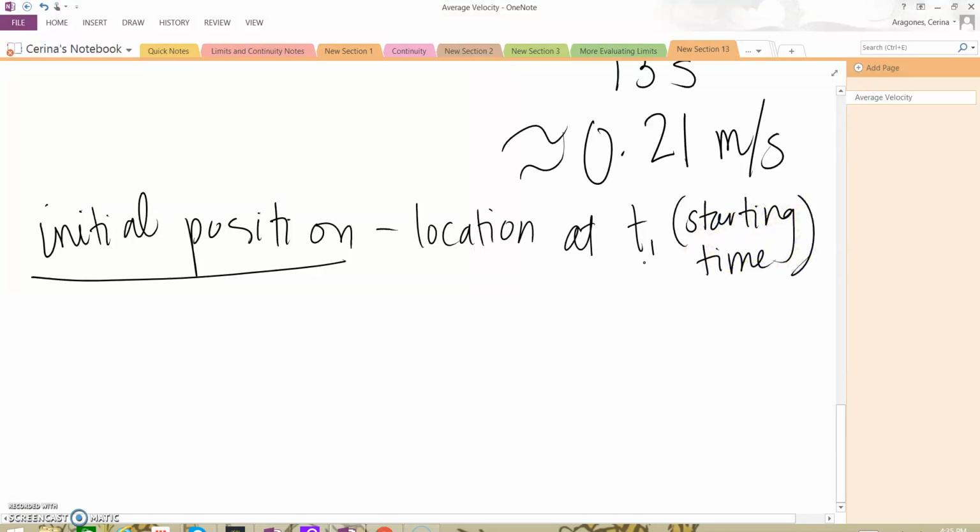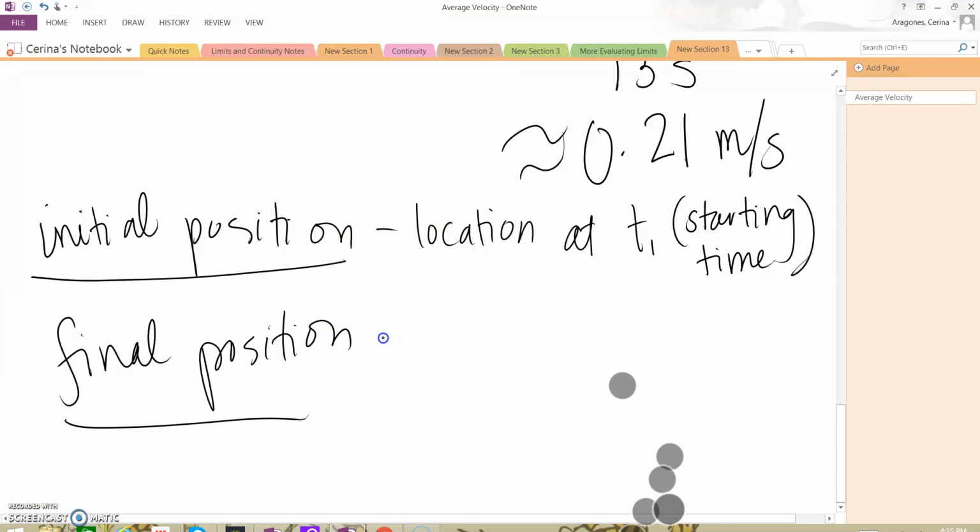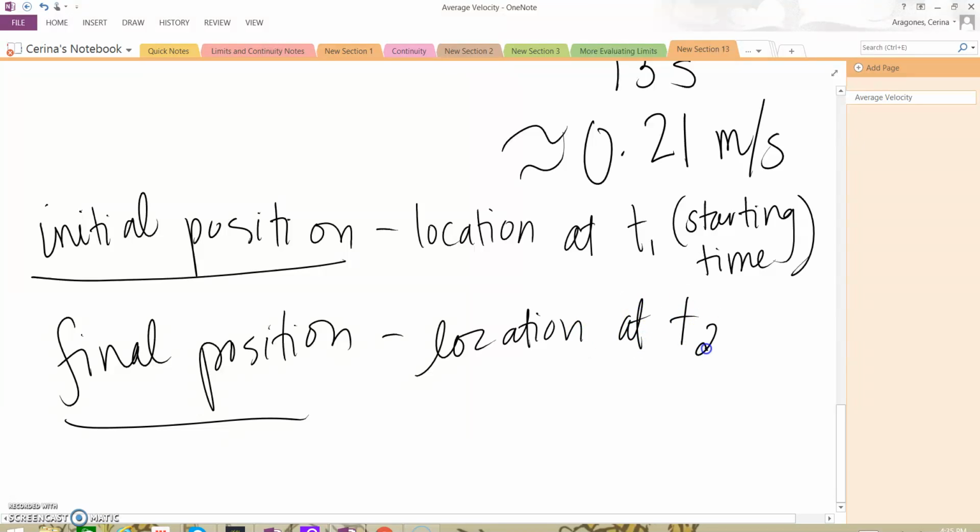Okay, usually at T equals 0. Then your final position is where you end up. Your location at T2.